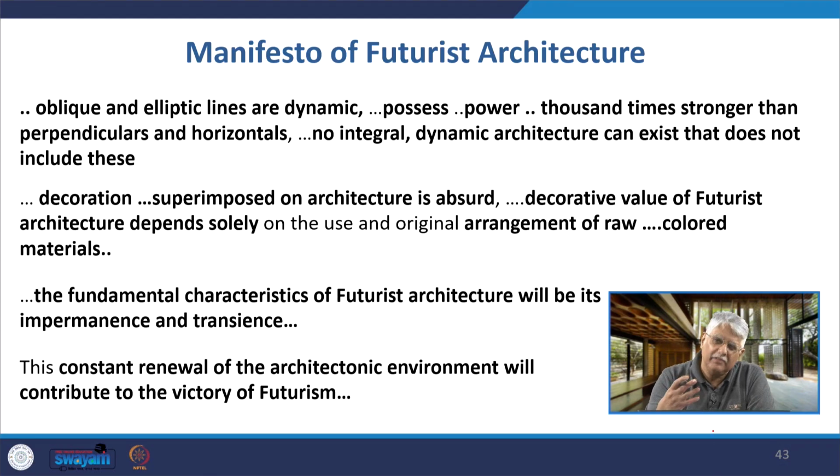How apt these words sound today, because we have buildings around us that have been built on these principles, where the decorative value is not coming from superimposed decoration but from raw primary colors used in the building. Where there is impermanence and transience coming in our buildings and in the buildings that are to come in the 21st century, there is a constant renewal happening of the architectonic environment around us.